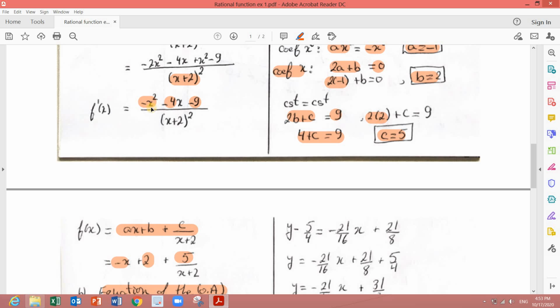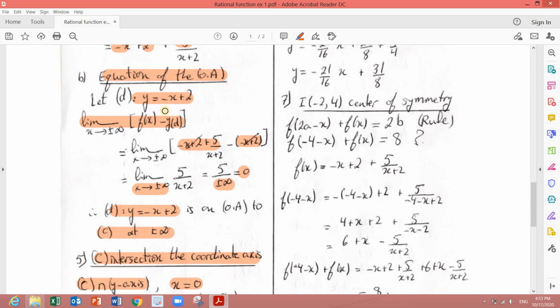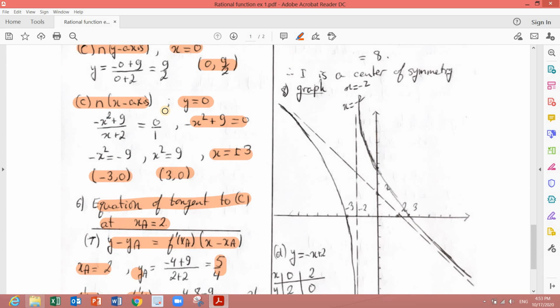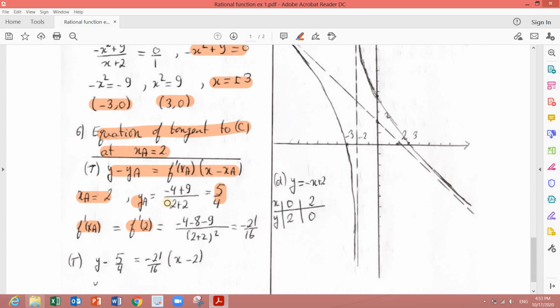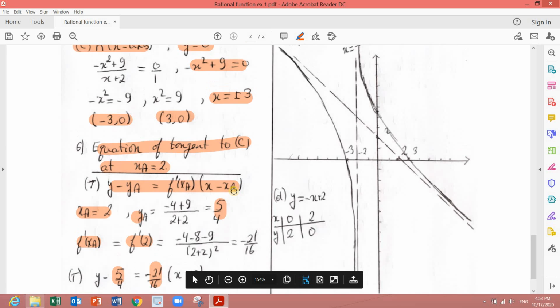Replacing x by 2, which is x_A, we get the value of the slope of the tangent, which is minus 21 over 16. Now, by replacing each one by its value, y_A is 5 over 4, and the slope is minus 21 over 16 into x minus 2.